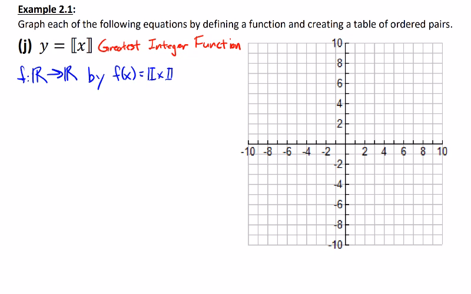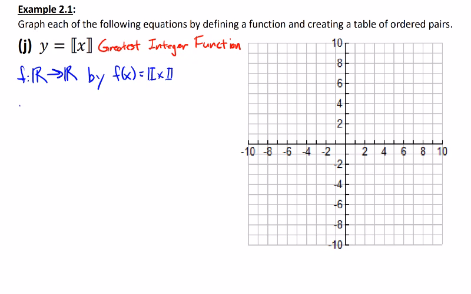Now I want to look at making a table to help us with the graphing. So all of the other examples we've seen here in 2.1, all the other functions, we've been able to use real numbers, but we didn't have to get real creative with the real numbers we chose. We could just choose integers.